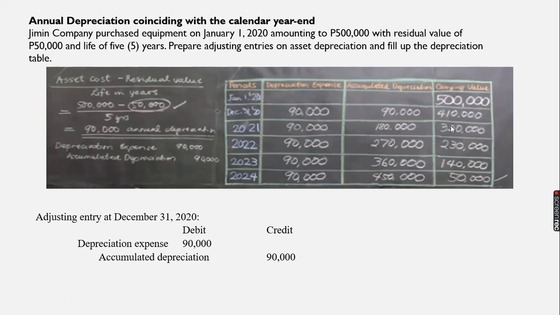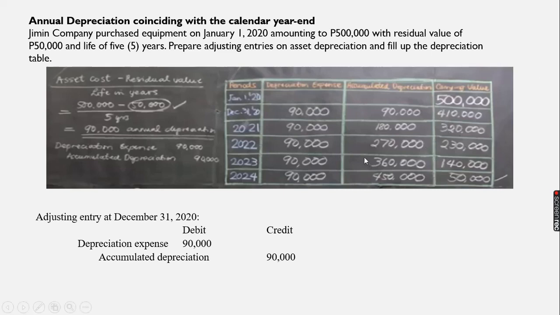So, less 180. O, ito yung carrying value, di ba? Ito yung balance. 410 less 90,000, yung depreciation niya, makukuha natin yung 320.